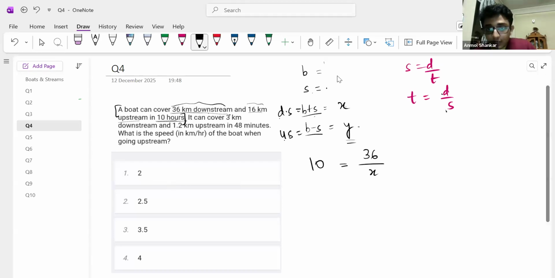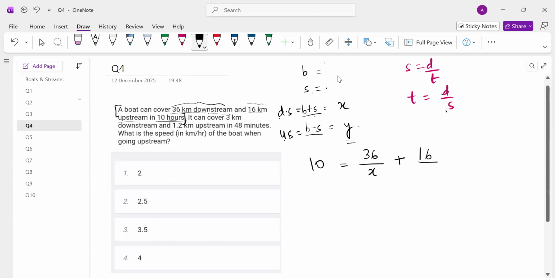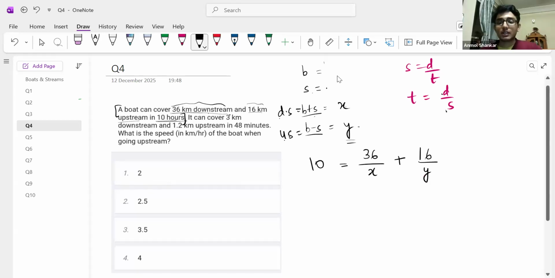Plus, for upstream 16 km, distance is 16 and speed is y, so 16 by y. So this is the first equation.